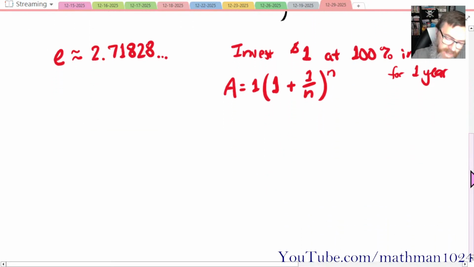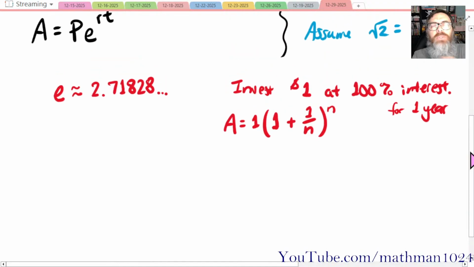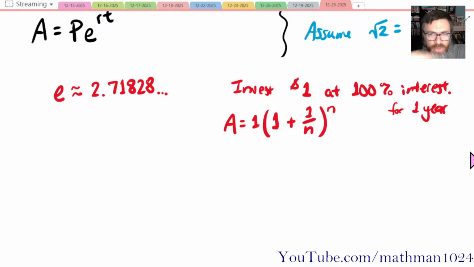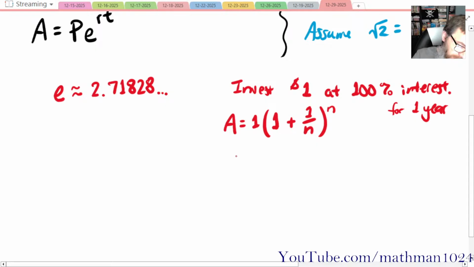Now, as I was showing back on the graphing calculator, the more times that you calculate your interest, the larger your value is going to be. What happens here is that as n tends toward infinity, A tends toward e. Your final amount gets closer and closer to e.